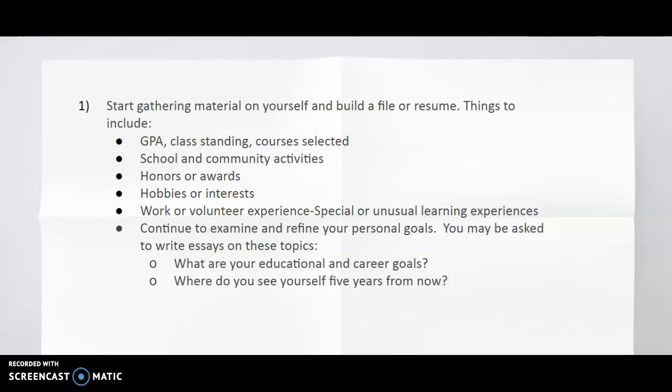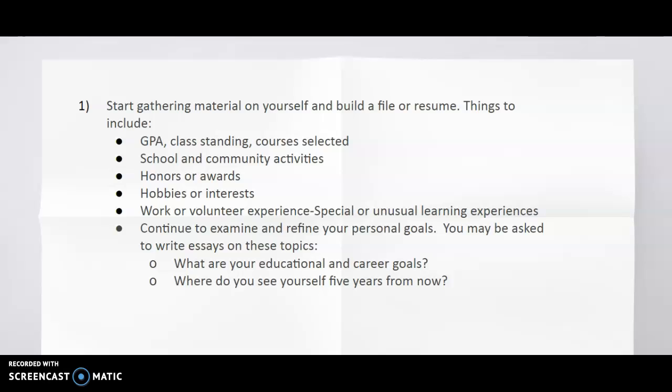I would consider things that you are part of in and outside of school, and I would pay particular attention to something that either means a lot to you or shows a particular amount of dedication or time outside of the school day.